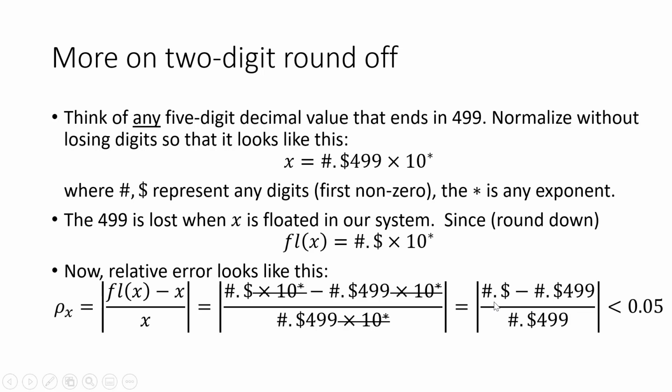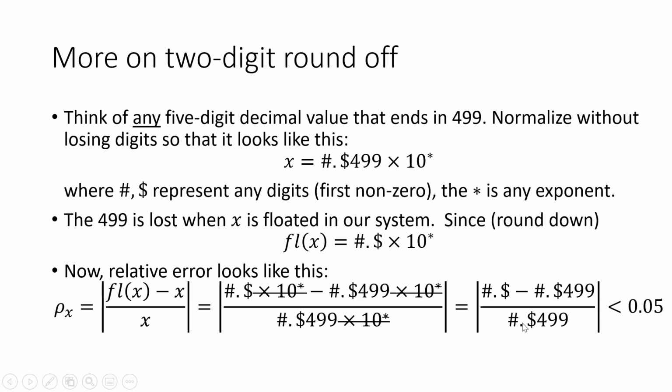And I notice that this rho, the relative error here, is actually going to be max when, and you're going to get 0.0499 on the numerator regardless, the denominator is the smallest.